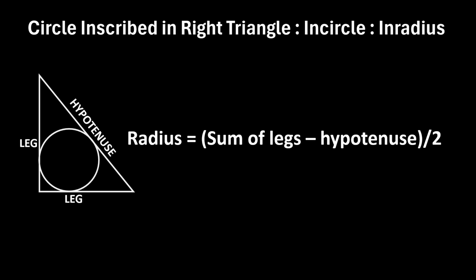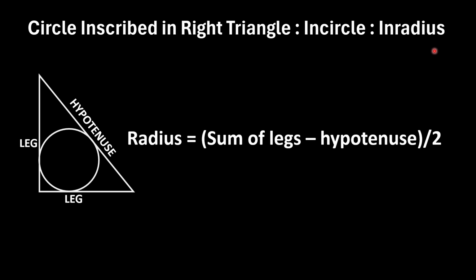First we take an inscribed circle. The circle is inside the right angle triangle, inscribed in the right angle triangle. When a circle is inscribed, it is called an incircle, and the radius of the incircle is the inradius.